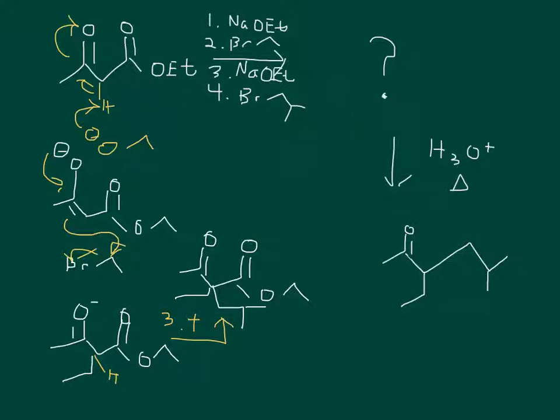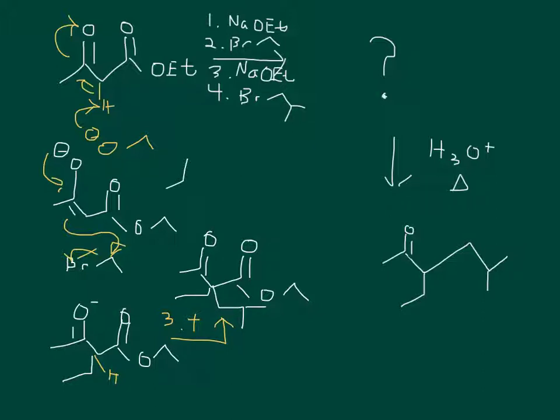Well, the other thing we have to do is, I'll erase that arrow for room, we have to think, what is going to happen with the hydrolysis and heat? Well, once again, for the sake of time, we can look at this and think, okay, I have this ester right here, and if it's hydrolyzed by acid, that's going to turn this into a carboxylic acid. So I'll go ahead and redraw the molecule.